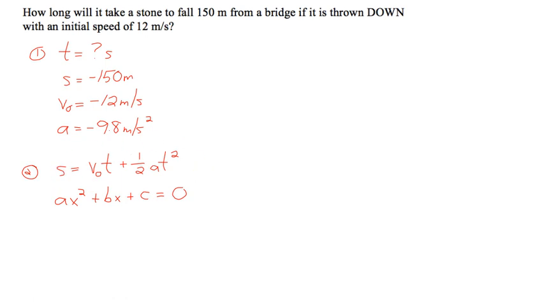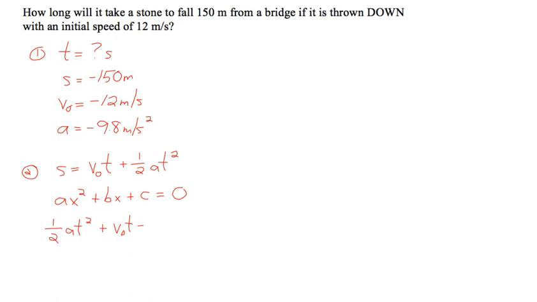So when all is said and done, I'm going to have 1/2 AT squared, so that's going to be in the first position, plus VOT, so that's going to be in the second position. And like I said, I'm going to move the S to the same side as those two. So if it's a positive S over here, it's a minus S over there.